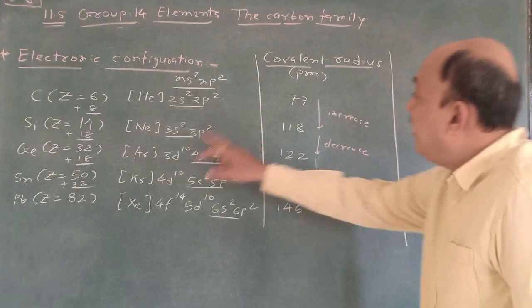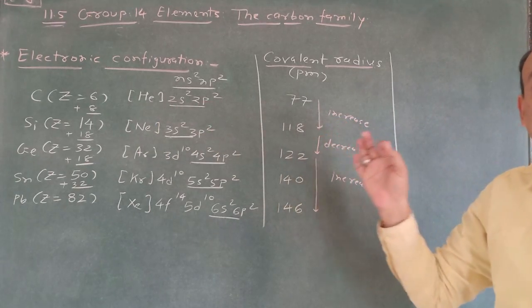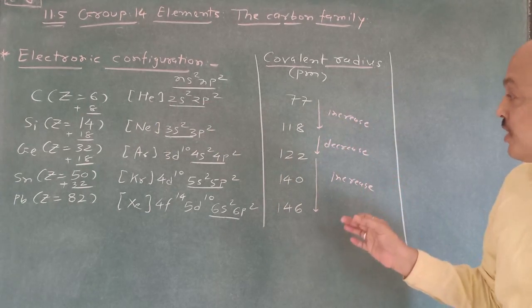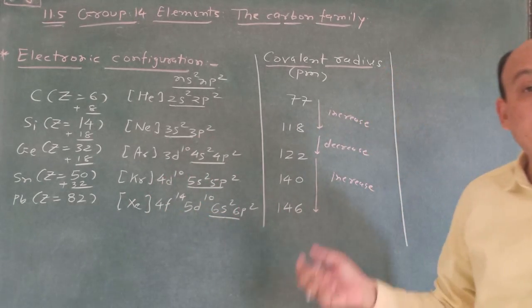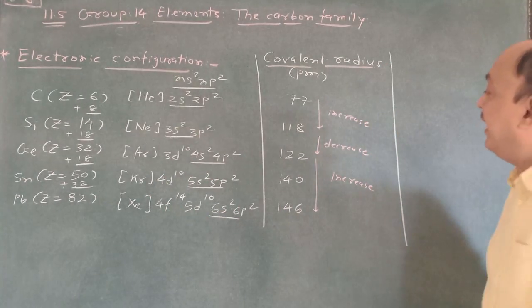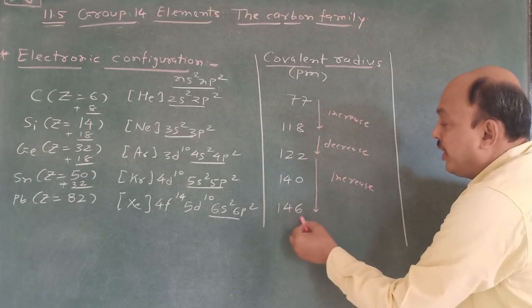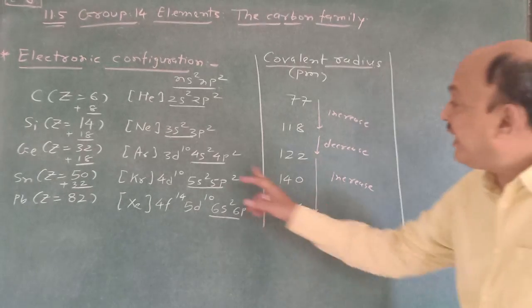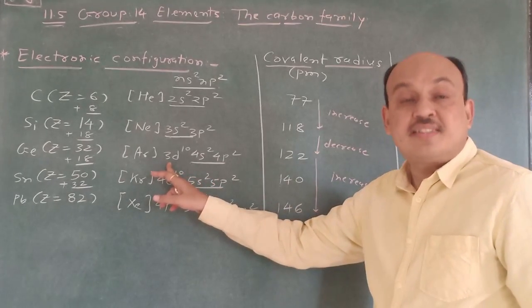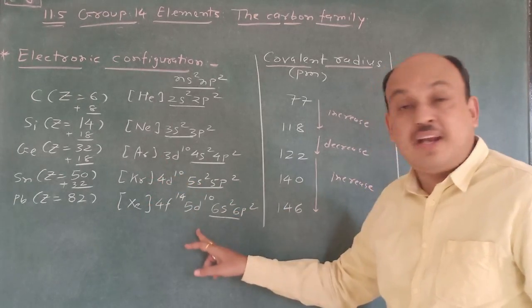But just see here, in 3s, 3p, 2s, 2p there is no d and f orbital present, but in germanium, tin and lead they are followed by d and f orbitals, and that's why you see 122, 140, 146. So it increases due to less screening effect from the d orbital and f orbital.